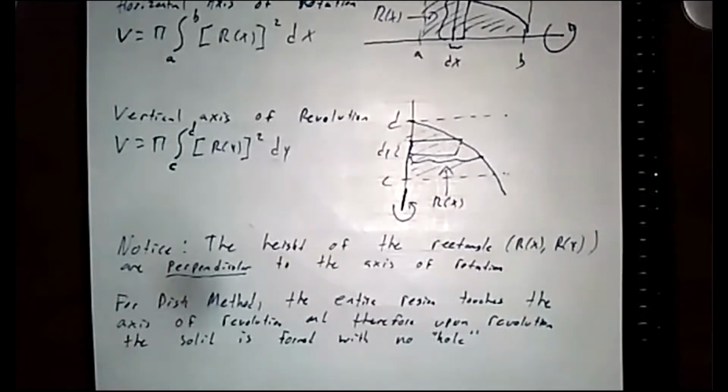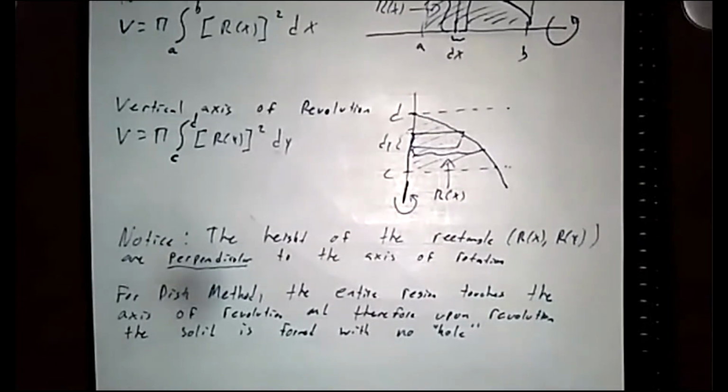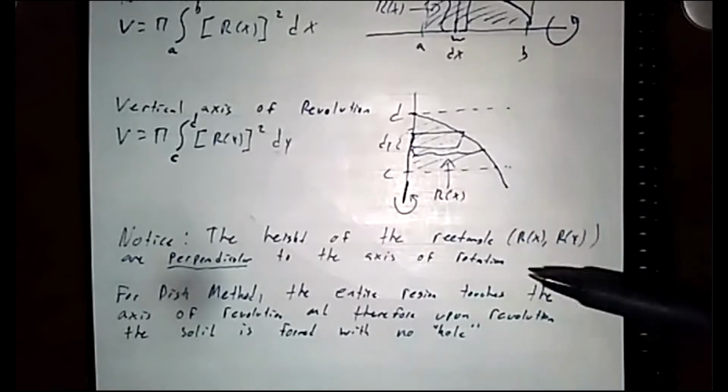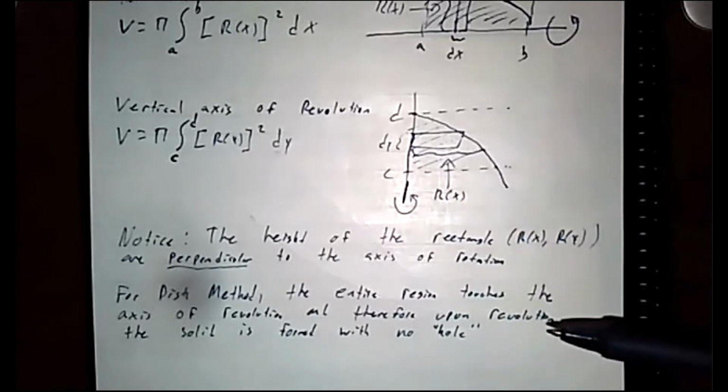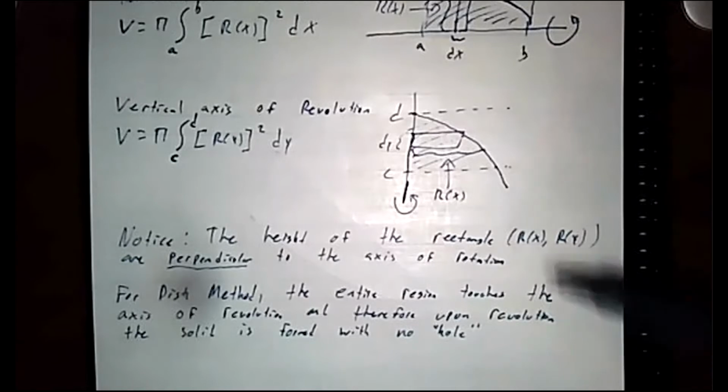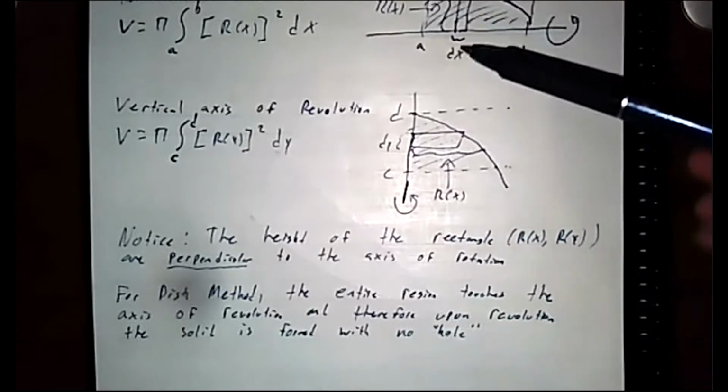So since the axis is touching the entire region, there's no donut shape formed when you're spinning around and around.